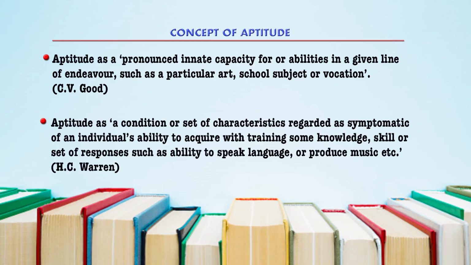Further, if I give the definition of H.C. Warren, I can say aptitude is a condition or a set of characteristics regarded as symptomatic of an individual's ability to acquire, with training, some knowledge, skill or set of responses, such as the ability to speak a language or produce music, etc. So, these are certain internal, inherent qualities, and if those qualities get certain scope, if they are facilitated, or if the person gets certain knowledge, certain training, and somebody facilitates the hidden talent, the potential abilities that the person has, then definitely it will come to the fore, and that child may do a certain miracle.